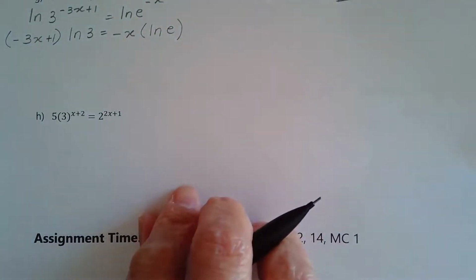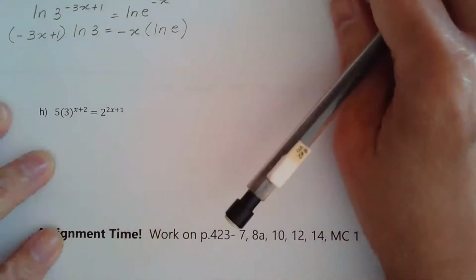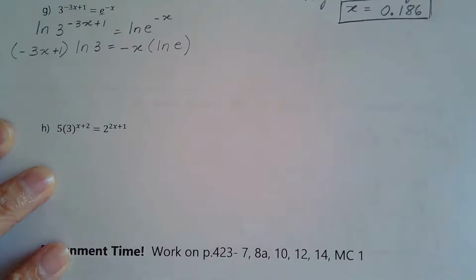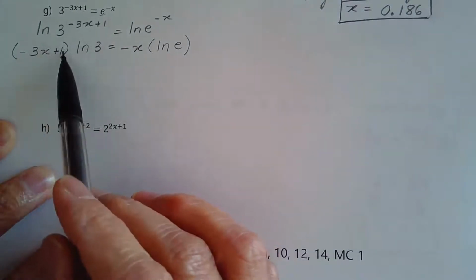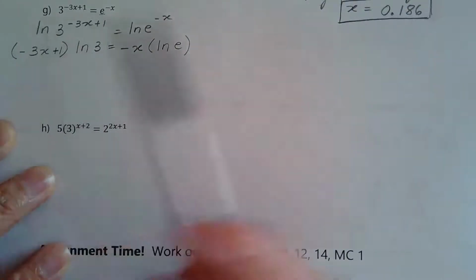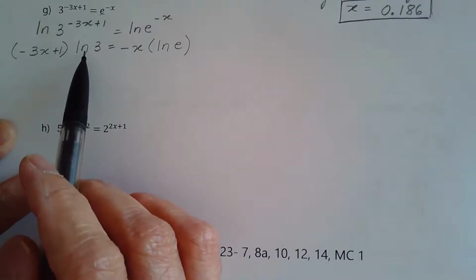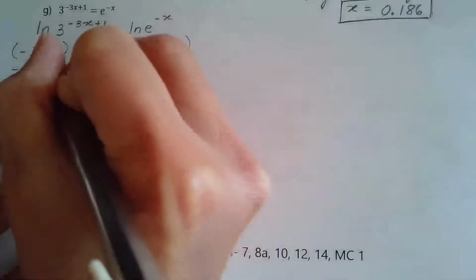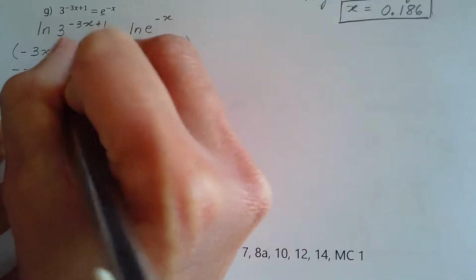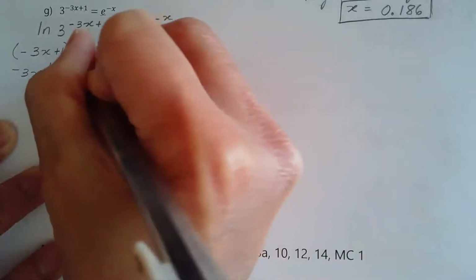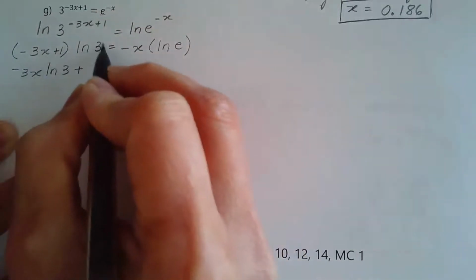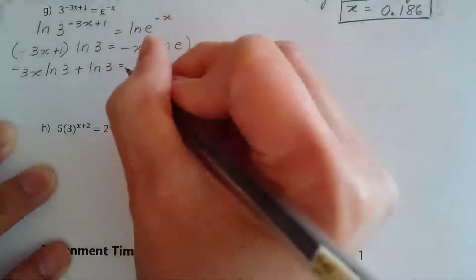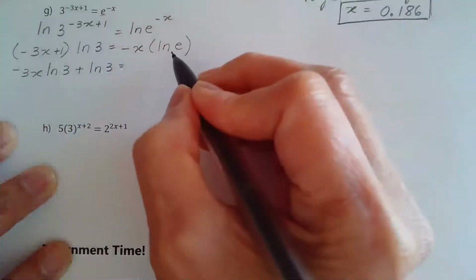Okay, so where are we at now? Now you're probably thinking, I'm going to expand this, do the distributive property. So negative 3x times natural log of 3, plus 1 times natural log of 3 is natural log of 3, and negative x. Now this is interesting.